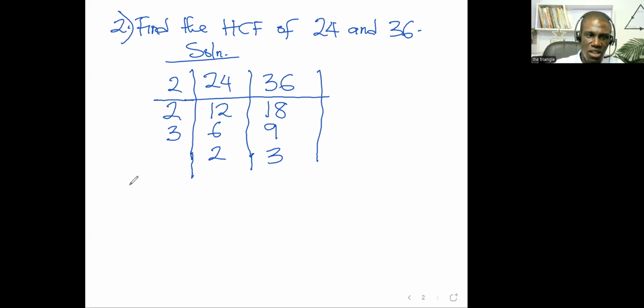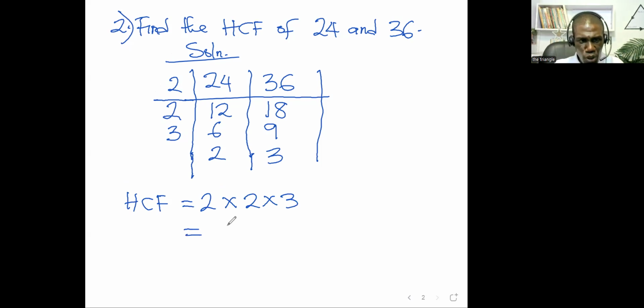So we'll have HCF equal to 2 multiplied by 2 and multiplied by 3. 2 multiplied by 2 gives us 4. 4 multiplied by 3, we have 12. So 12 is your answer.